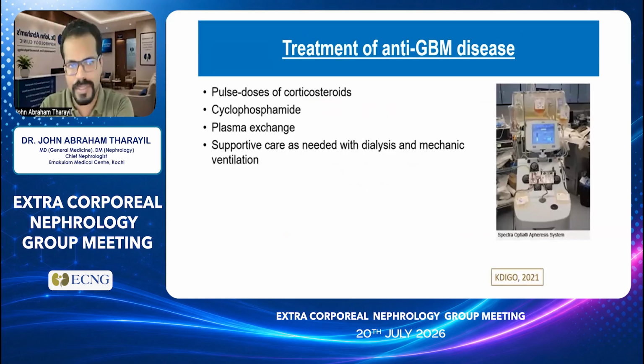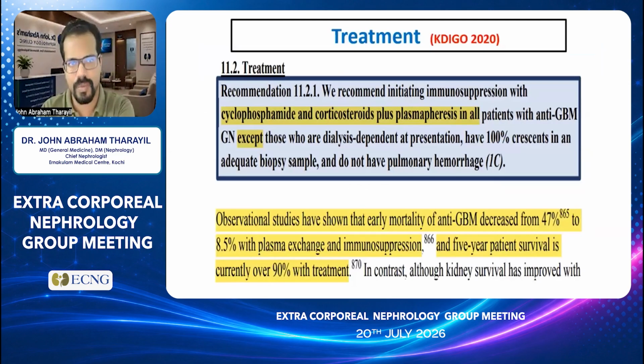Treatment of anti-GBM disease revolves around pulse dose corticosteroids, cyclophosphamide, plasma exchange, and supportive care as needed with dialysis, and in pulmonary alveolar hemorrhage, sometimes mechanical ventilation. So coming to the treatment strategy in anti-GBM disease, the KDIGO put forward the following recommendations, which I'll be dealing with in subsequent slides.